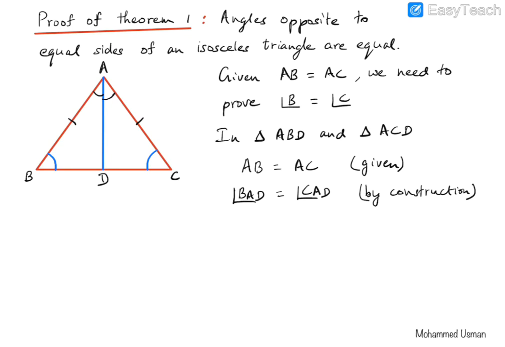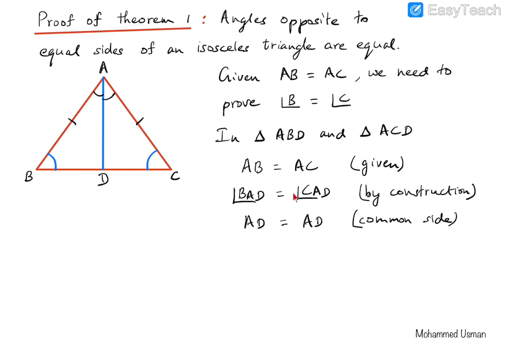And we have the line AD common to both the triangles. So AD is a line, or the side, which is common to both the triangles ABD and ACD. So in both the triangles, we will say AD is equal to AD. It's the common side. So based on this, we have a side which is equal, an angle which is equal, and another side which is equal.